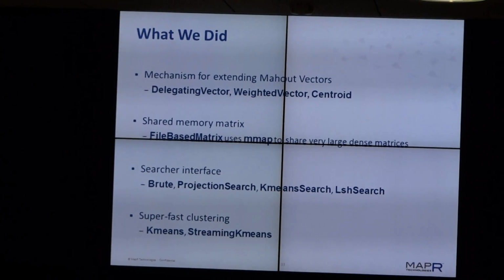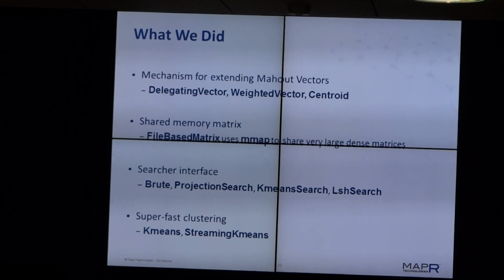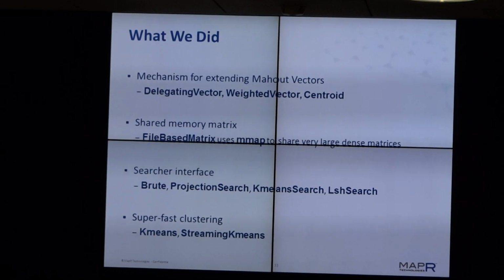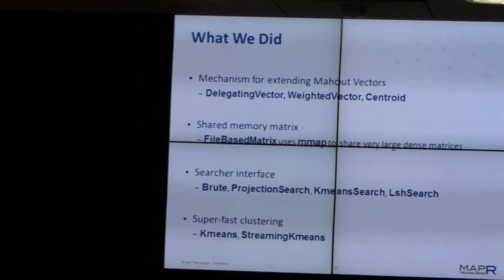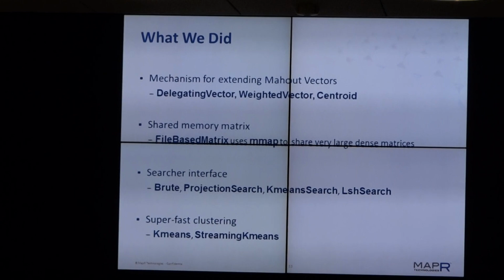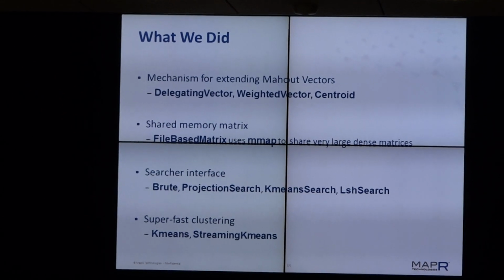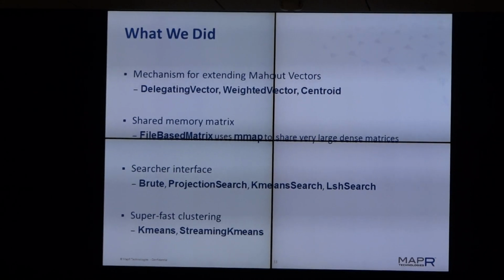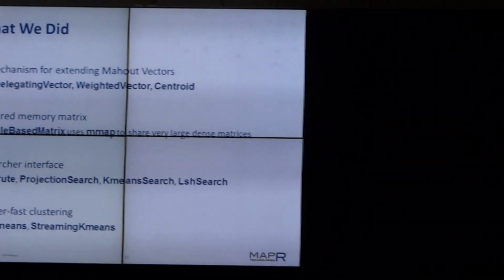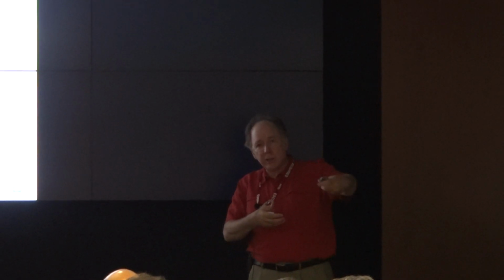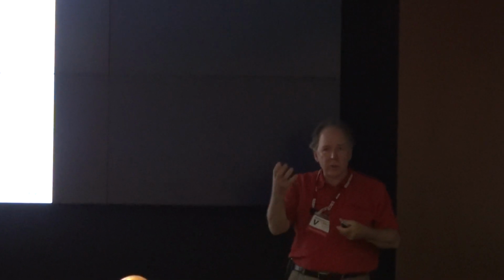It's just a tiny little wrapper that has a vector inside it, and all the vector-like things happen on the underlying vector. And then you can mix in any additional properties you want. Like you might want to make it a weighted vector, or a centroid. And a centroid is a weighted vector, except it has a special kind of add operation, where you add a new vector into the centroid, increments the weight, and it uses Welford's algorithm to give you a progressive estimate of the mean.